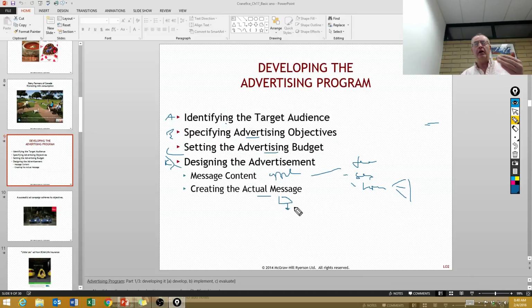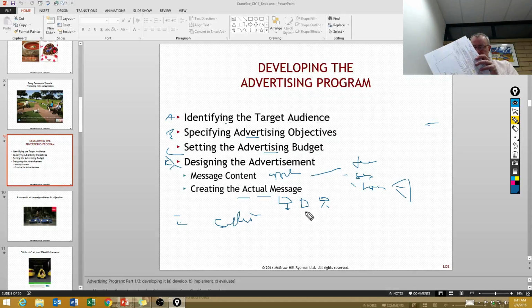So if it's a radio ad, it has to be voice recorded; if it's TV, it's video; if it's print, then it's color, pictures, and words. So there's actually content there. Okay, and then as I mentioned before, the 5th step is selecting the advertising media, and that is what the next section is about.